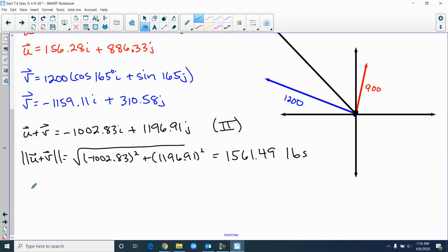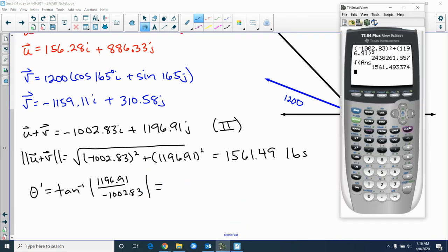All right, your direction. Theta prime, your reference angle, is going to be the tangent inverse of the y part, the j, 1196.91 divided by negative 1002.83. And yes, we do not use the negative. We take the absolute value.